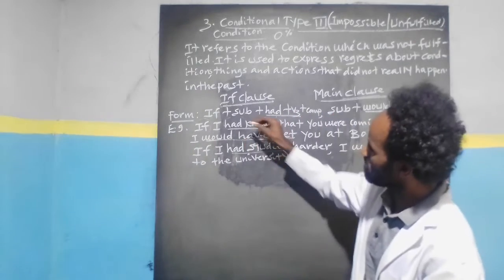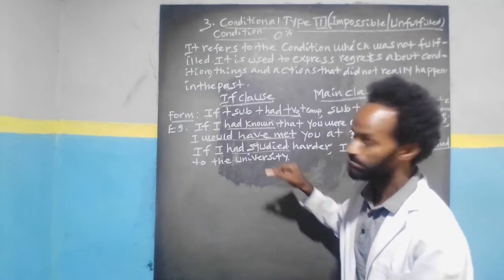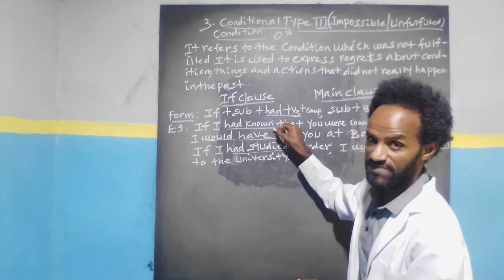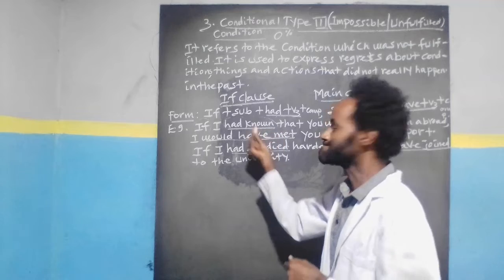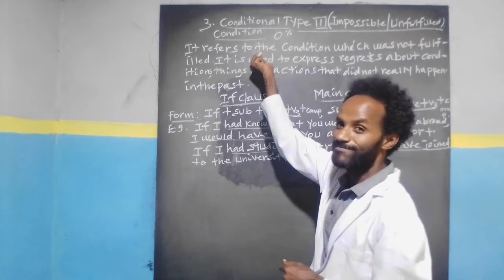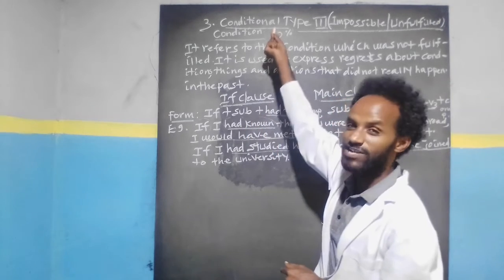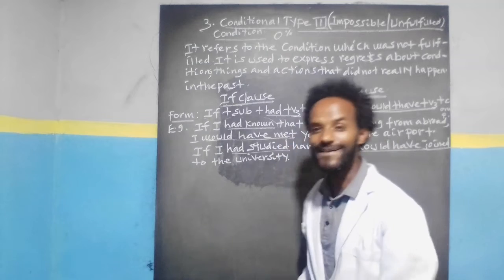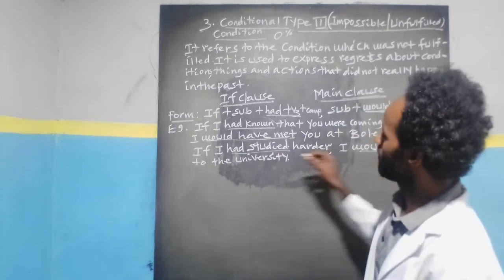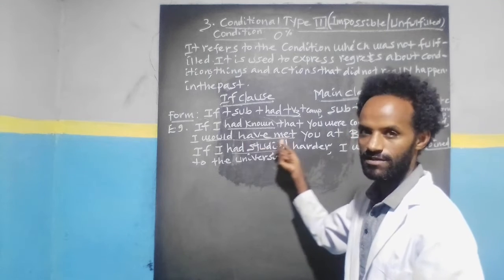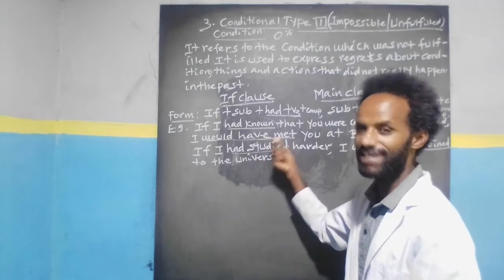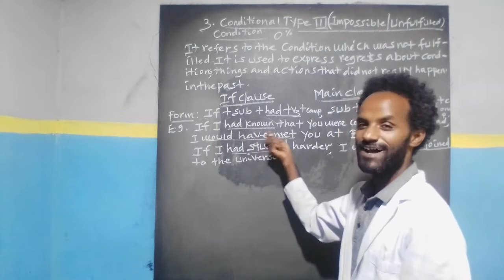In this case, please don't forget to use had plus verb 3, that means past perfect, for the if clause part of conditional type 3. And for the main clause part, would plus have plus verb 3, or might plus have plus verb 3, and could plus have plus verb 3.